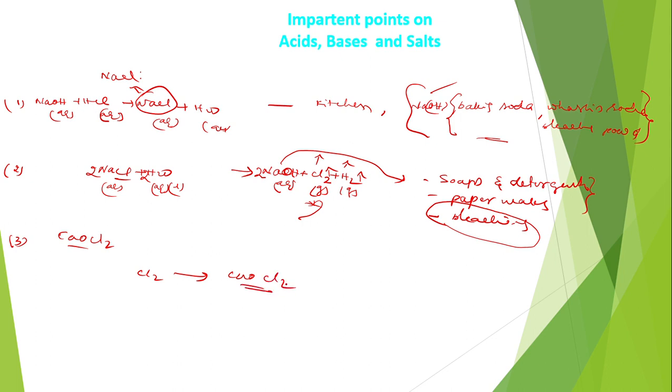We want CaOCl2, that's why we have taken this Cl2, plus we want calcium hydroxide, Ca(OH)2. So we will get calcium oxychloride plus water. Okay, so this is an oxidizing agent.